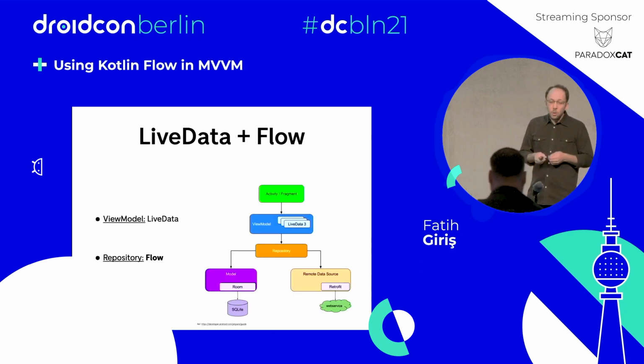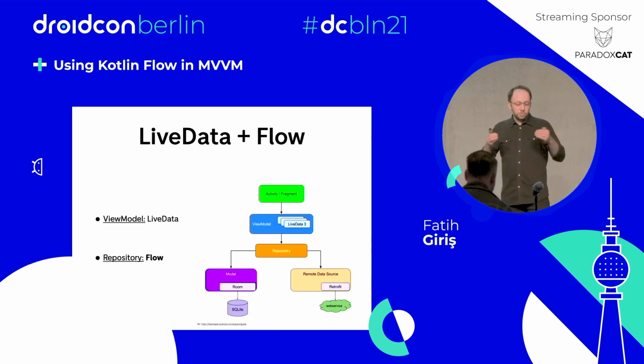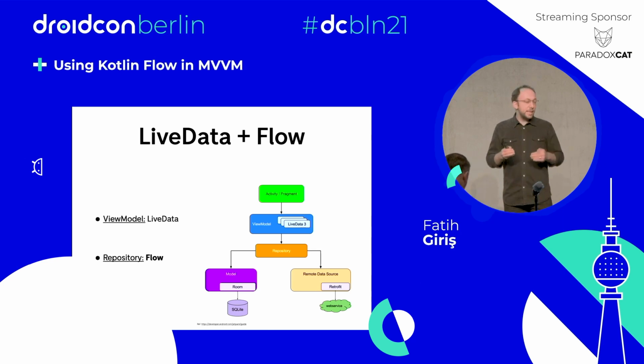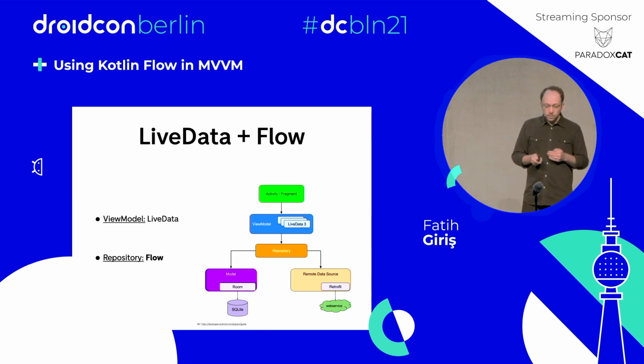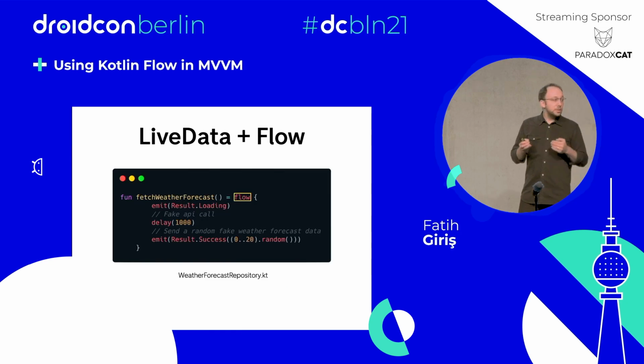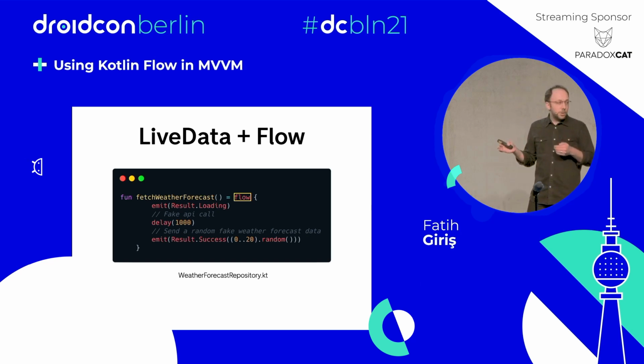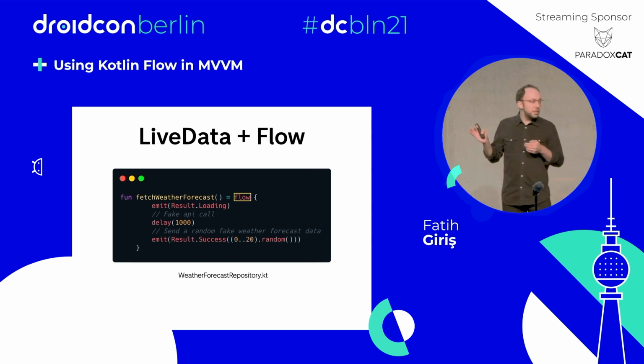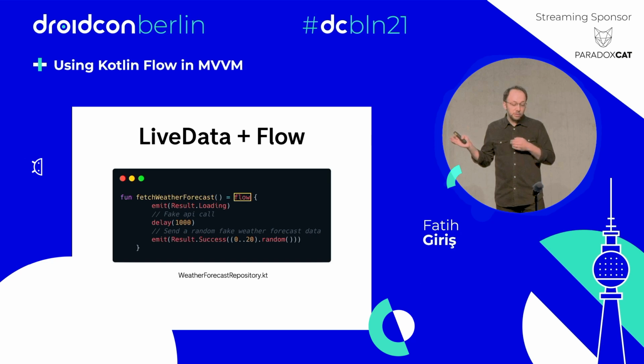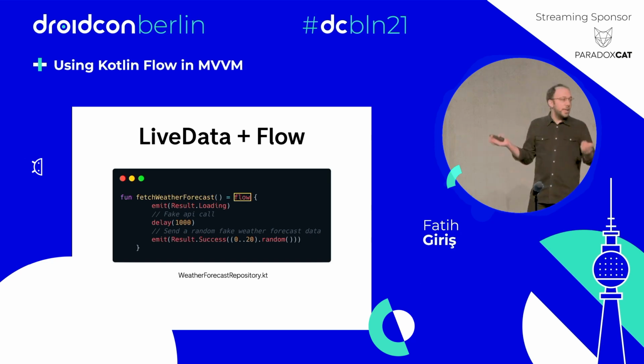So now we're changing the suspend function in the repository to Flow. And in the ViewModel, we're going to be using LiveData. In order to change the suspend function, we just remove the suspend modifier, and then we use the flow builder. This example is not a real world scenario because it's not calling the API.